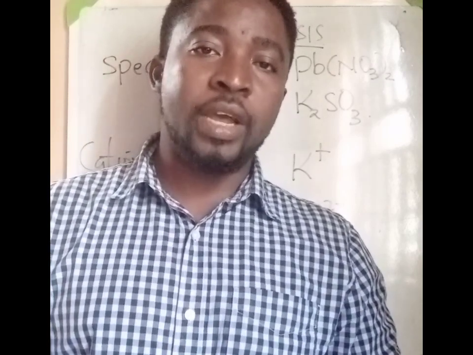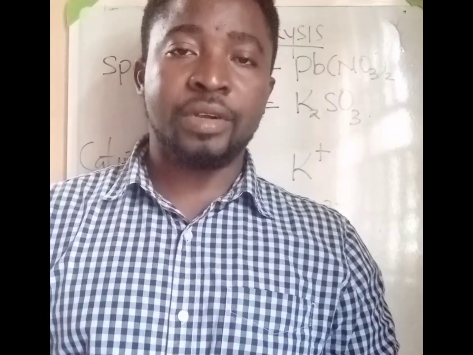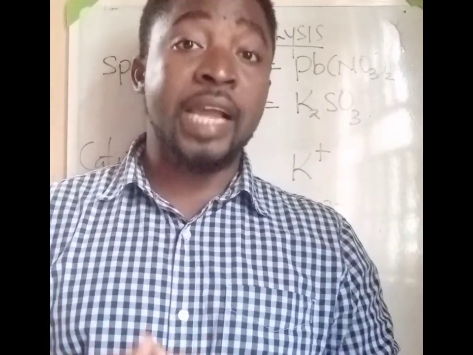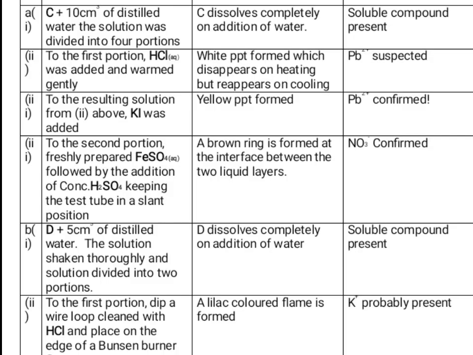So I will give you a template to work with. That is the likely observations you're going to state and the accurate inferences you're going to make regarding those observations.